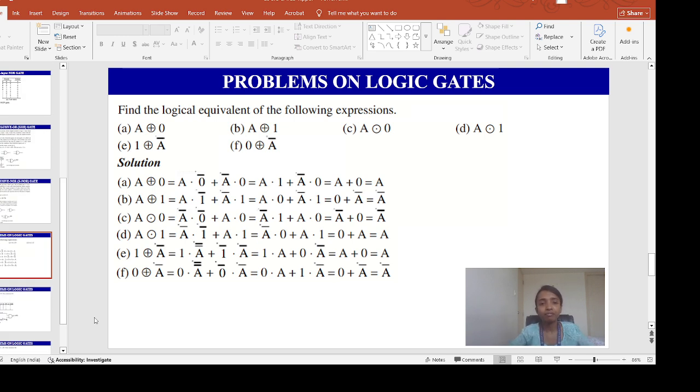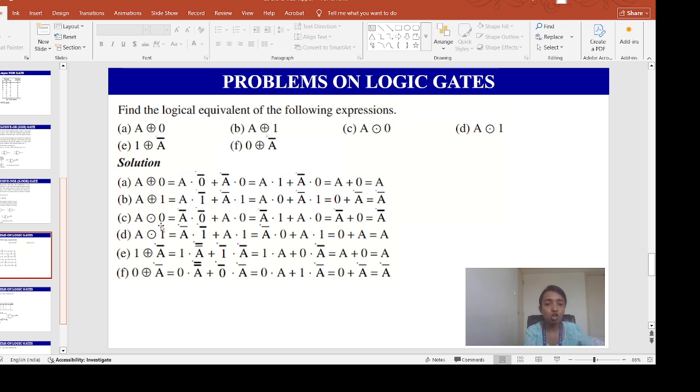Now, let's find the logical equivalent of the following expressions, A XOR 0. A XOR B means A B bar plus A bar B. A dot 0 bar plus A bar dot 0. 0 bar means 1 and A bar stays A bar. So this is how we can simplify. A XOR 1: A dot 1 bar plus A bar dot 1.